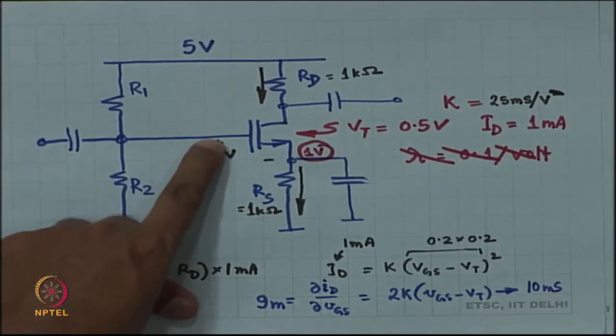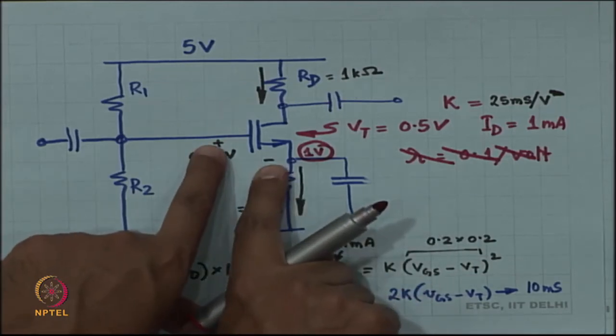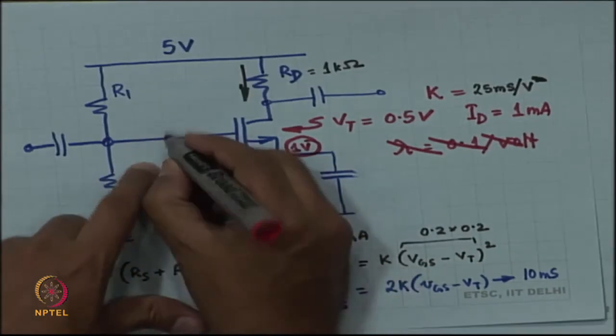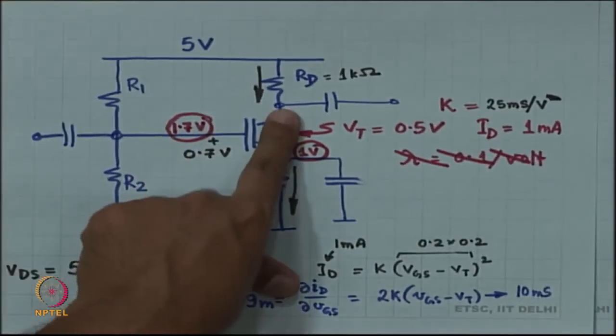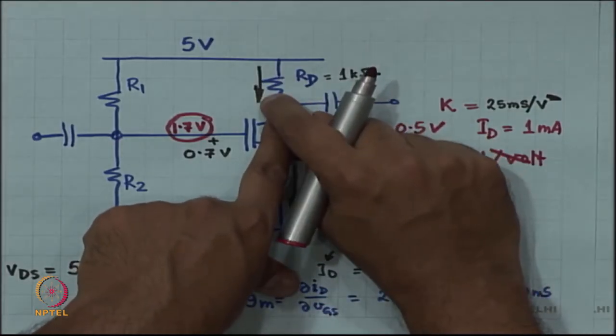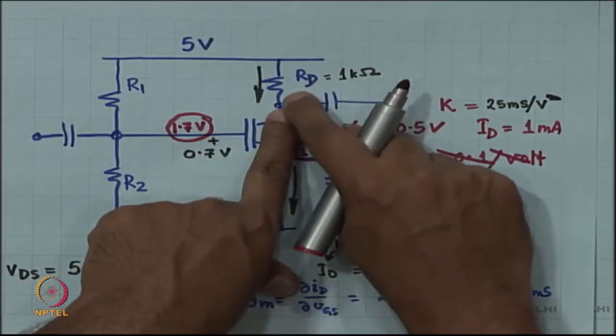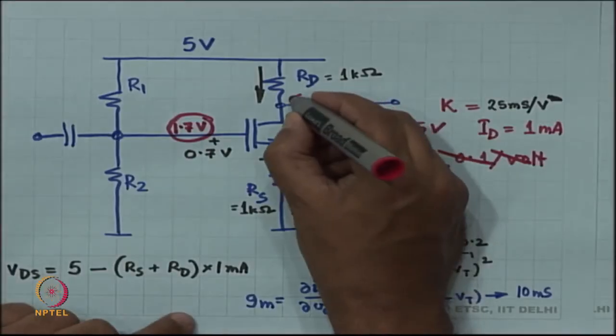The DC operating voltage at the gate, so this VGS is 0.7, this is 1, so this is 1.7 volt. And what is the voltage at the drain? 1 milliampere current is coming from the top, right, this is 5 volt. So, automatically this means that this is going to be 4 volts.